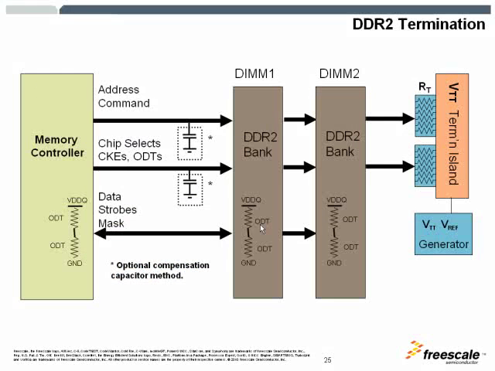When we moved to DDR2, the termination for data bus was moved inside the chip, and the on-die termination was used both in memory controller and in DRAMs. So the number of termination resistors that were used on the board was reduced.